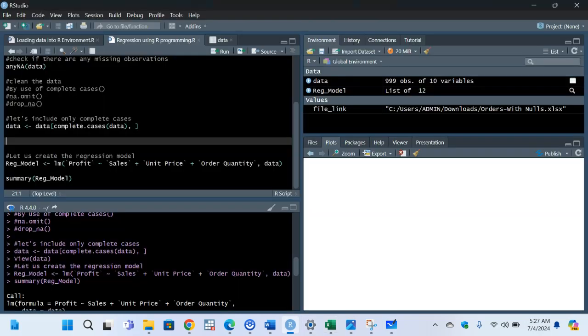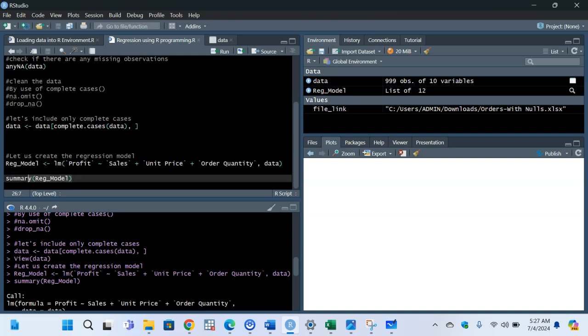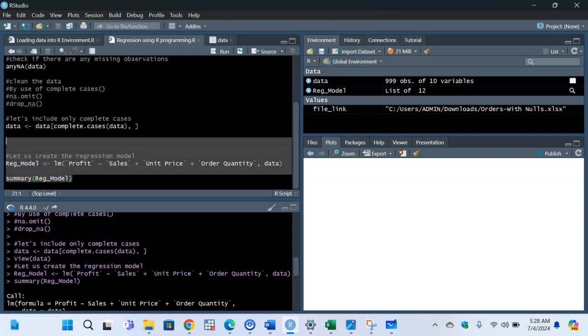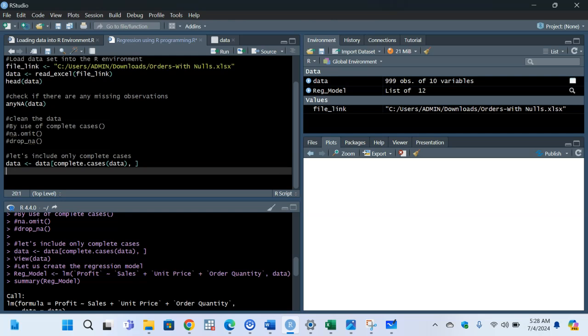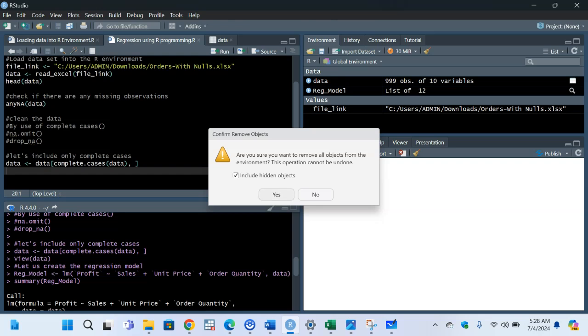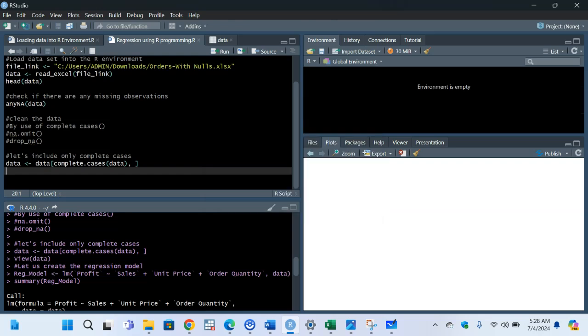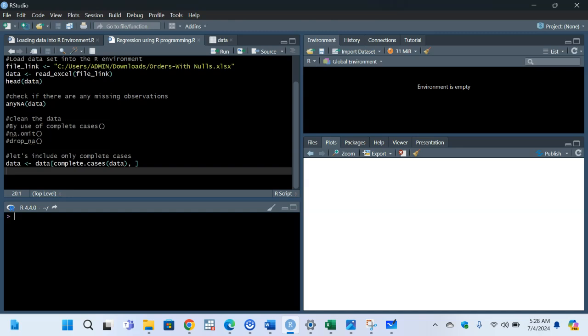So we start off in R. Let me clear what I had done. In my other video I did how to load data into R. Let me clear this so that we can start afresh.